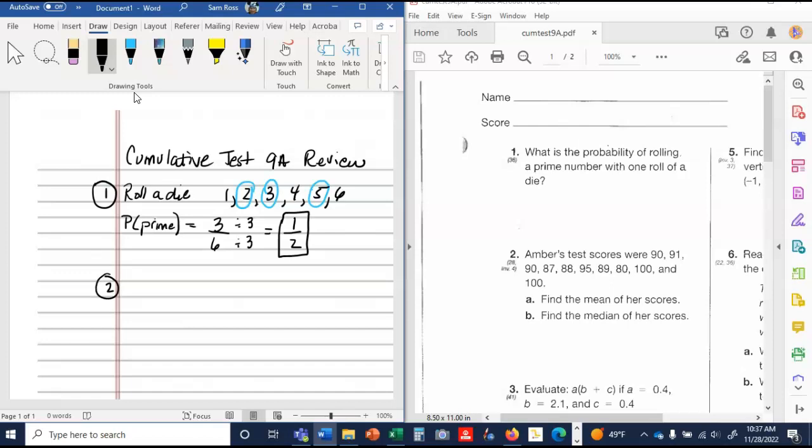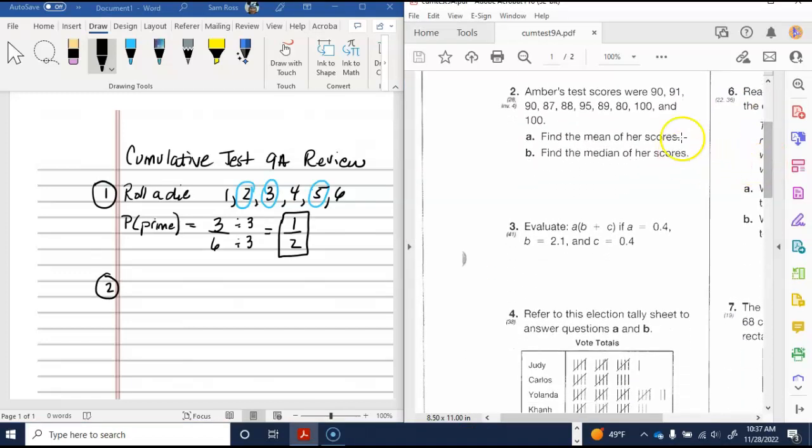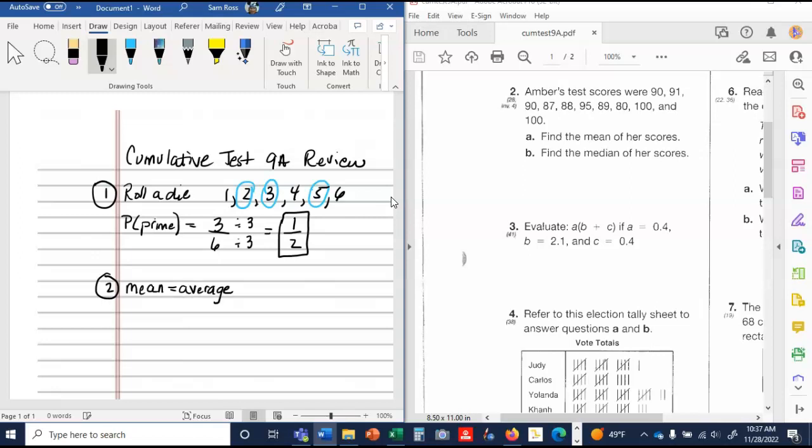All right, let's go to number 2. Number 2 says Amber's test scores are those. Find the mean. Now you'll want to write this down. The mean is the average. And the formula for average, we'll make this A, is the sum over how many.